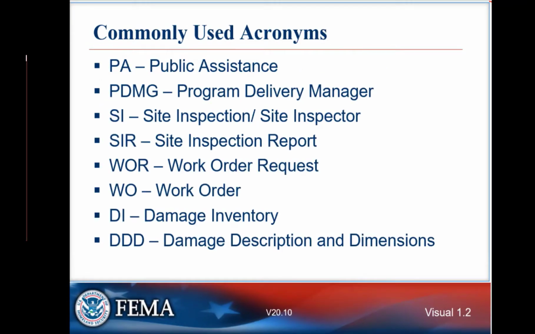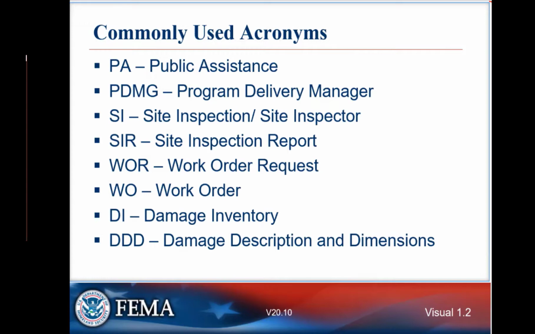FEMA uses a lot of acronyms throughout the public assistance process. Here is a list of commonly used acronyms and their definitions. We have PA, which stands for Public Assistance. We have PDMG, which stands for Program Delivery Manager, and this will be the main point of contact for you throughout your public assistance recovery process.